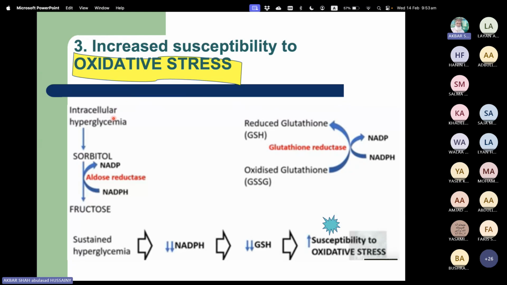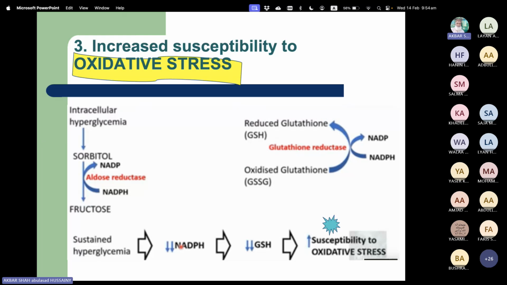Whenever there's more glucose, sorbitol is converted into fructose, but it is using an important molecule called NADPH. And this molecule is also important for the normal antioxidant of the cytoplasm.